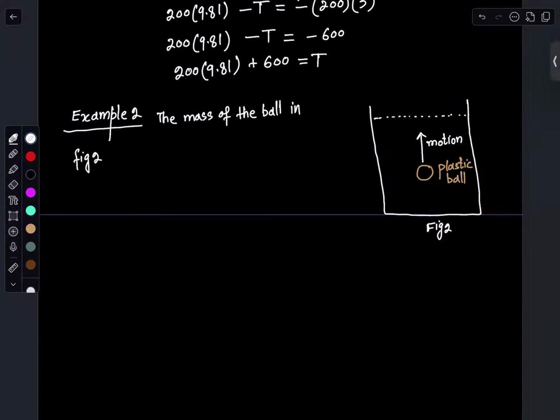Which forces are in the direction of motion? Upthrust. Which forces are against the motion? Drag force and weight. So resultant force will be upthrust, in the direction of motion, taken as positive, and the forces against the motion, weight plus viscous drag, will be taken in the opposite direction. Elizabeth, clear?